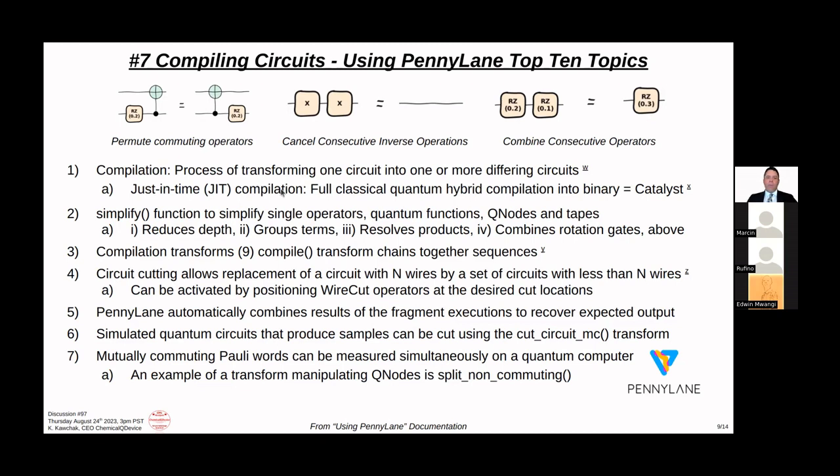Now, just-in-time compilation to me sounds like it's the next wave. It's a full classical-quantum hybrid compilation into binary. So instead of doing just quantum or classical, and I think it's used a lot in quantum chemistry with this program called Catalyst, this sounds like it's the next thing, right?